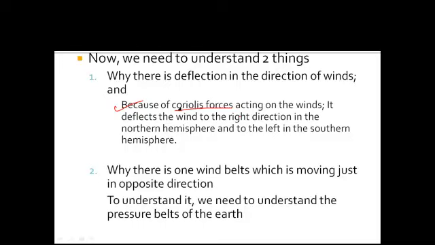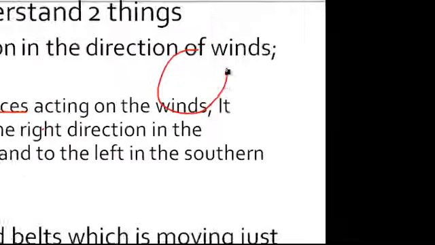So as per this law, Ferrel's law, the winds deflect, but which force acts on it? It is the Coriolis force. And why so? What is Coriolis force? Why is there deflection? Because of the rotation of the earth.